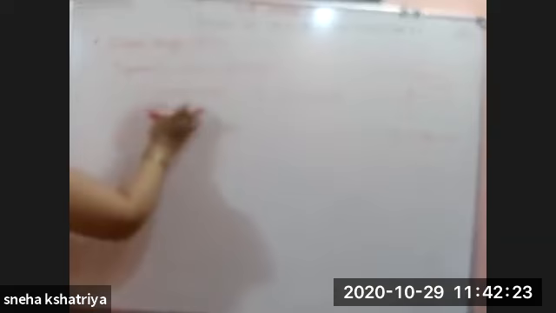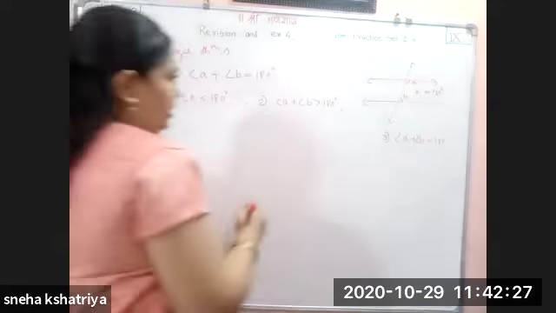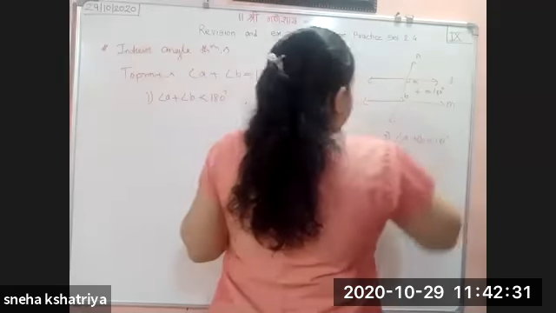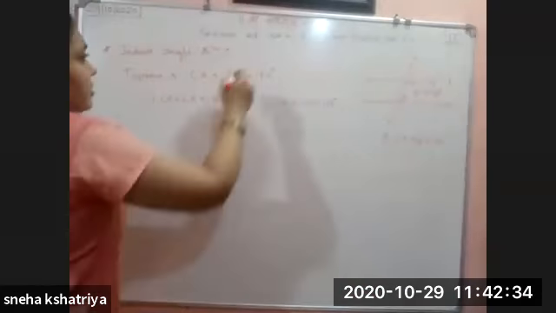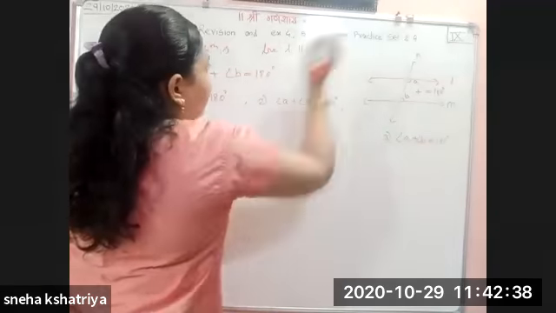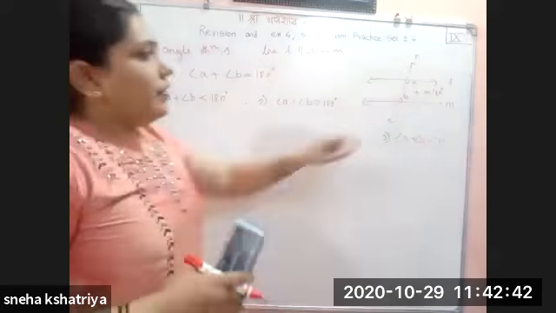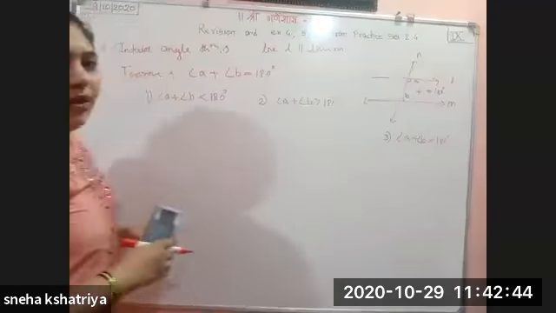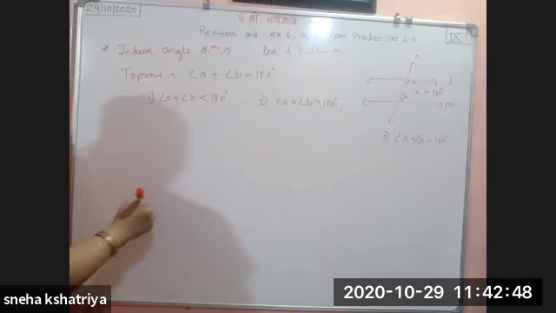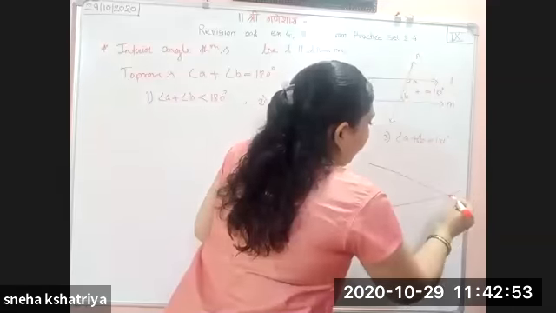Either they are less than 180, or greater than 180, or they are equal. Okay. So A plus B is less than 180, and we have given in the theorem also that L and M are parallel and there is a transversal. Line L is parallel to line M. Okay, this is given. So if two lines are parallel, and their interior angles are less than 180, then they will intersect each other at some point.